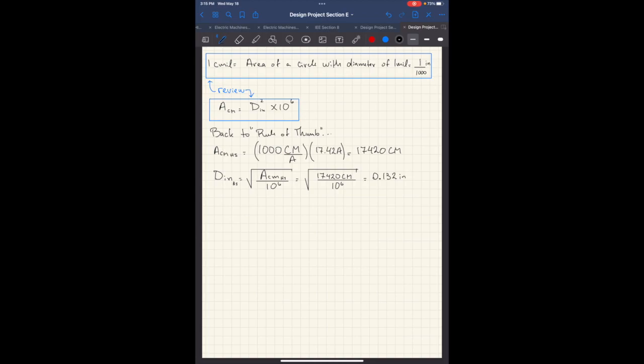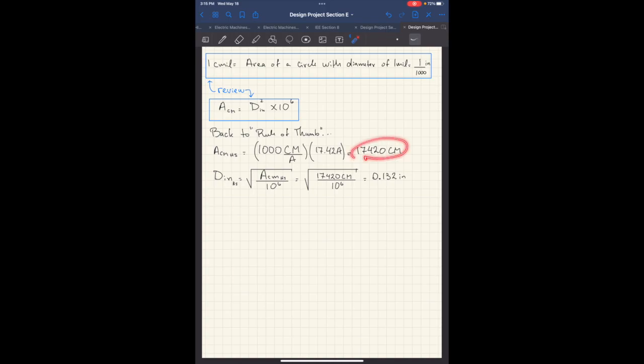Let me give you a moment to write that down, and let me reiterate what we're doing. This is the size of conductor that I need to be able to handle that current.